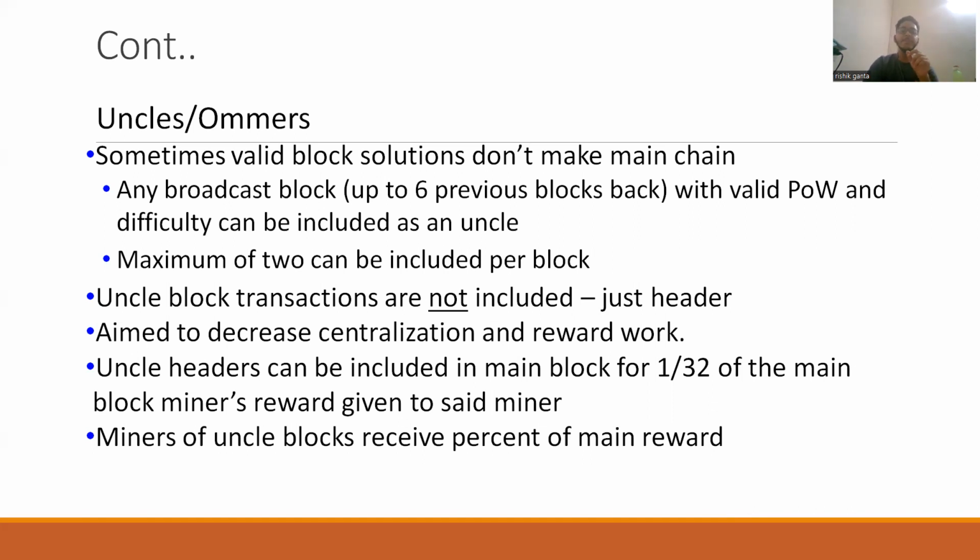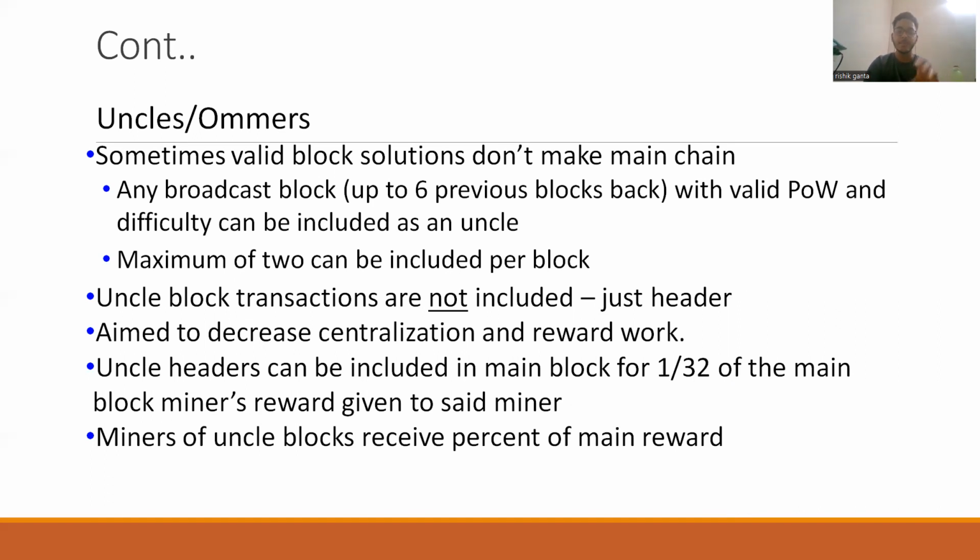This was aimed to decrease centralization and the reward work given to the miner. Uncle headers can be included in the main block for 1/32nd of the main block miner's reward, and this reward is given to the uncle header miner.